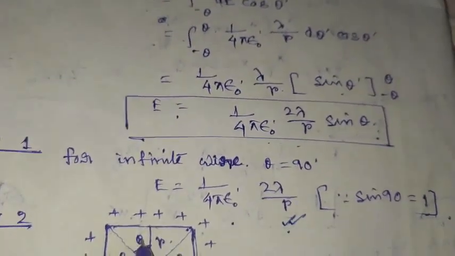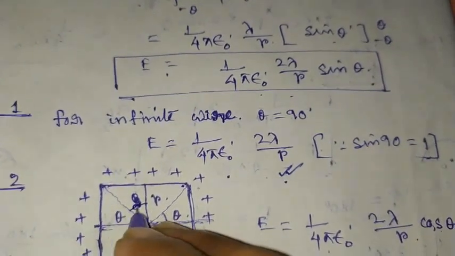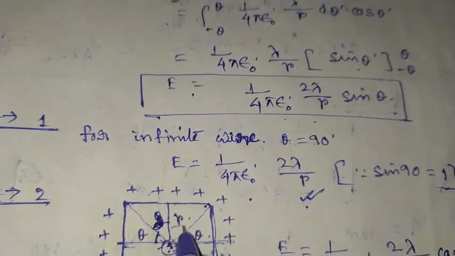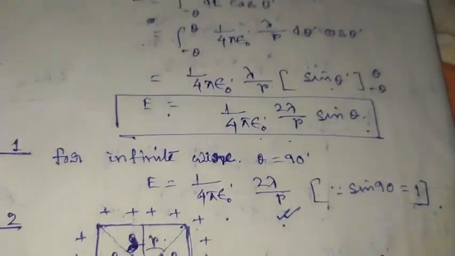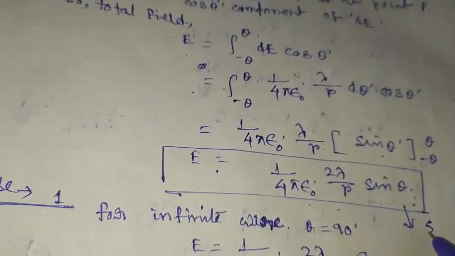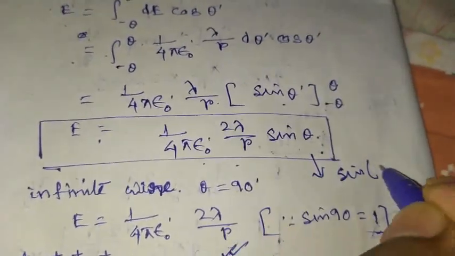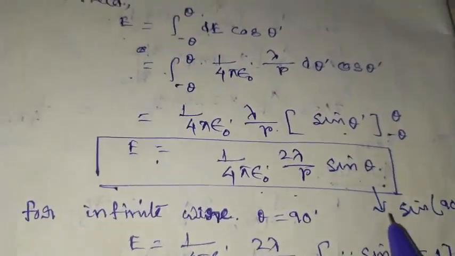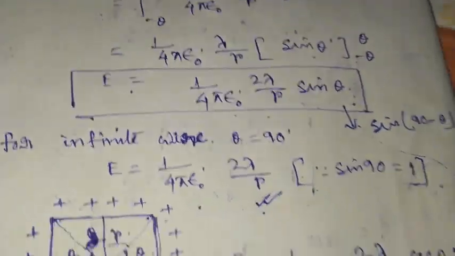But the theta is not given in this position here. Theta is given in this position. So this angle will be 90 minus theta. If we put this in the relation, sine of 90 minus theta can easily be written as cos theta.